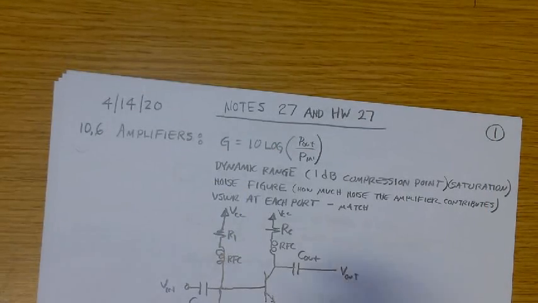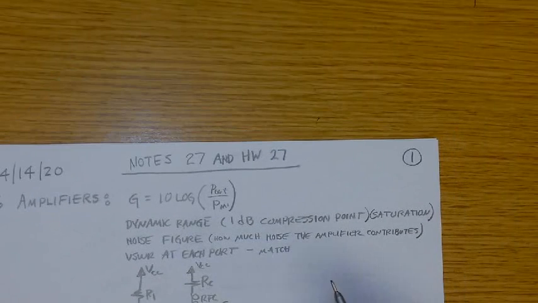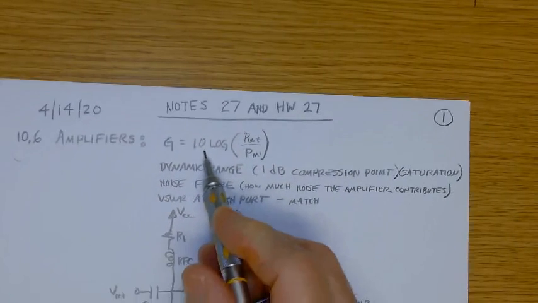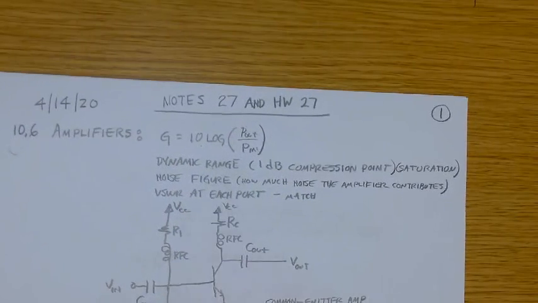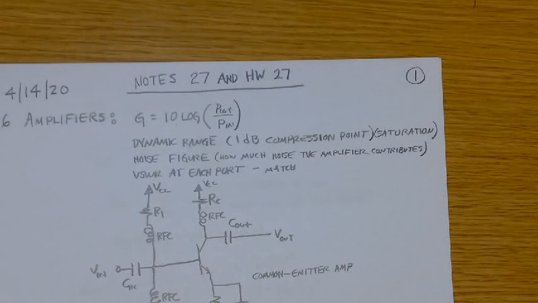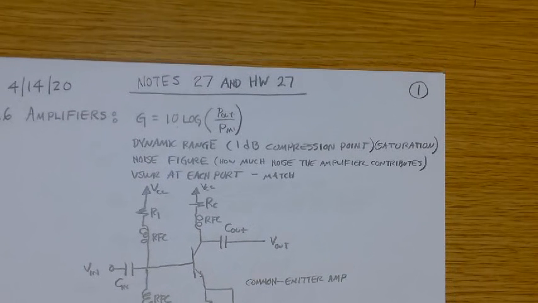Okay, so you specify the dynamic range, the 1 dB compression point, you specify the gain of the amplifier, and then also the noise figure. Well, what's the noise figure about? Well, there is some given input noise coming off of the antenna. So the first stage of amplification, the low noise amplifier, has some amount of input noise that's going to be amplified by the amplifier.